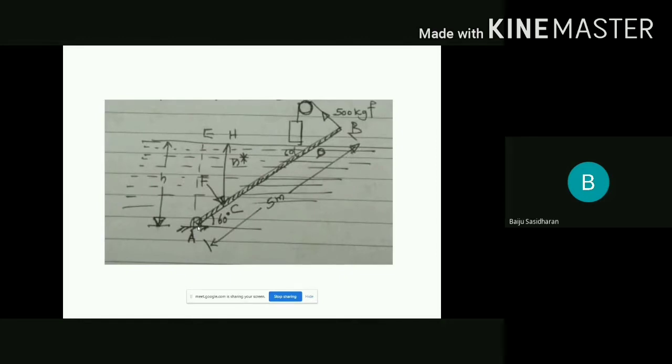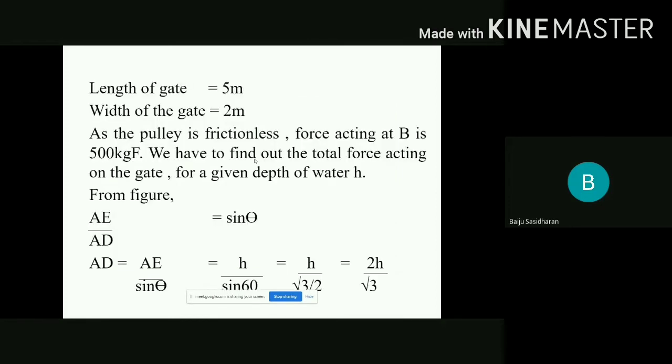Before that, please listen. From the hinge to here, the distance is EA, and also this distance HC, and also this distance AD. I think these distances are clear to you. We can discuss the solution. It is given that the length of the gate is 5 meter, and the width of the gate is 2 meter.